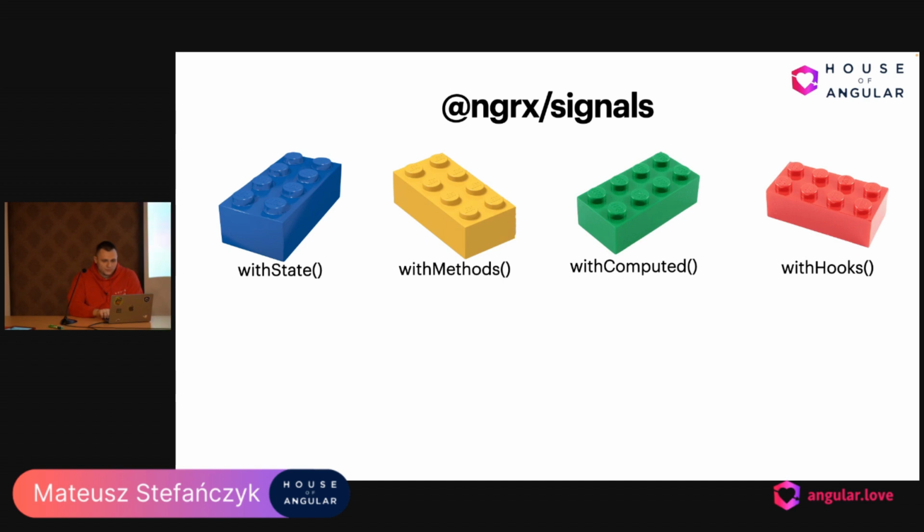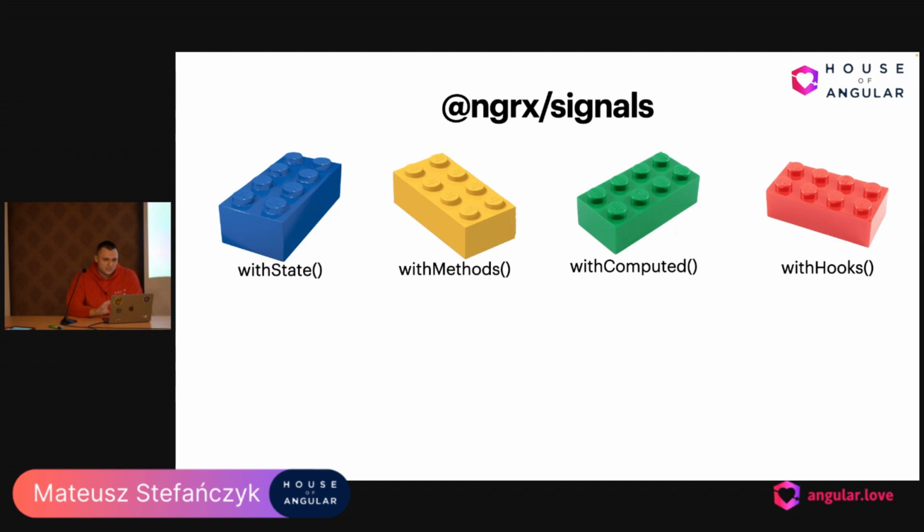And withHooks, which are very similar to the hooks we have in the Angular component, so ngOnInit and ngOnDestroy, to do something during this time span. Also, there are some more, like withEntities and so on, so we can distinguish more kinds of blocks.